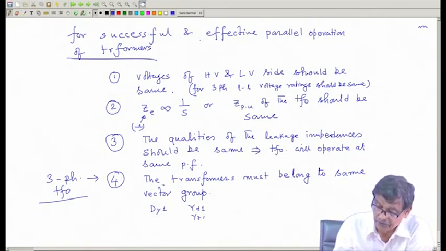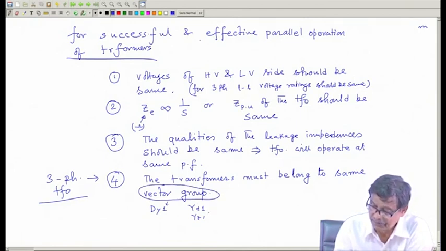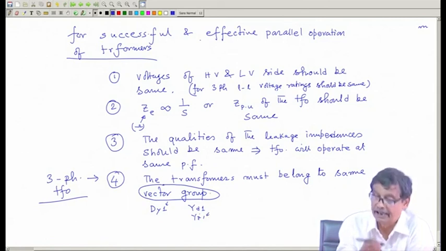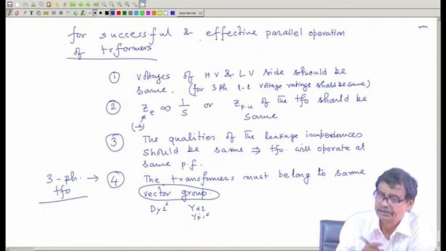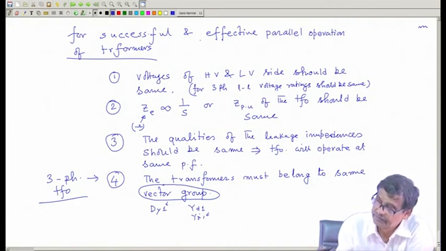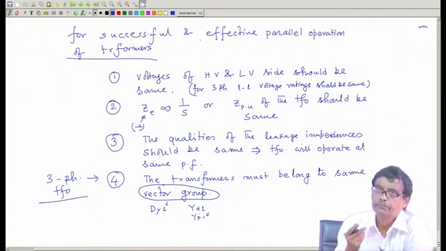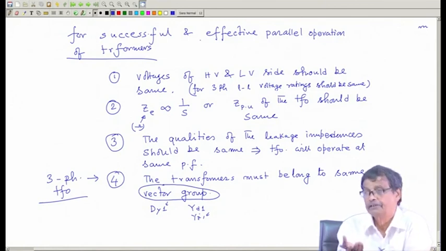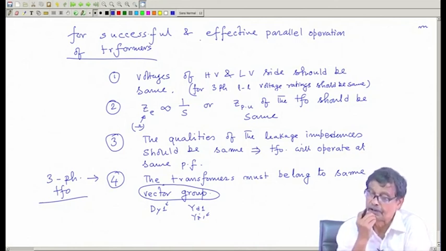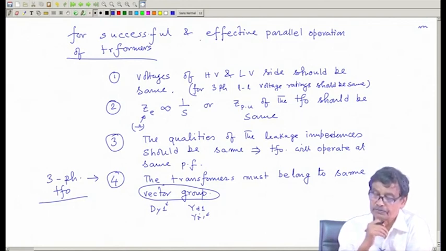That is, they must belong to same vector group, that is, these numbers should be same, apart from the fact that the line to line voltages are same. And then for better load sharing, these things are valid. That is, the per phase impedances should be inversely proportional to their kVA ratings, and per unit impedance should be same for both the transformers.